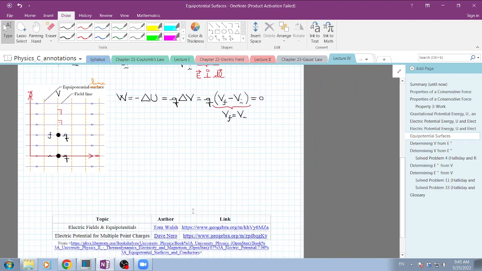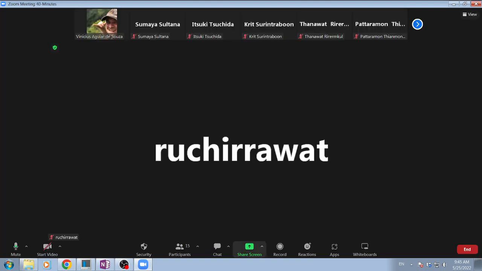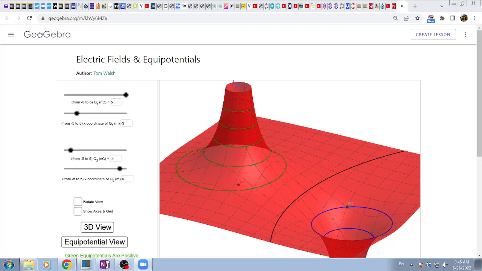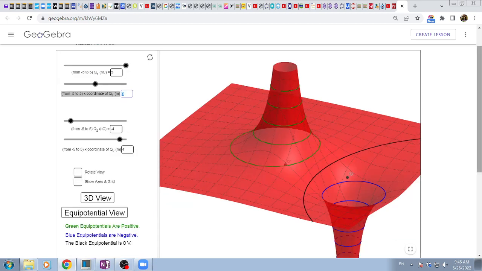Let's see some simulations, guys, and see more of the potential surfaces. I included it in your material, so you can actually play by yourself. Sorry, my computer is a little bit slow. My bad. Here's the charge.